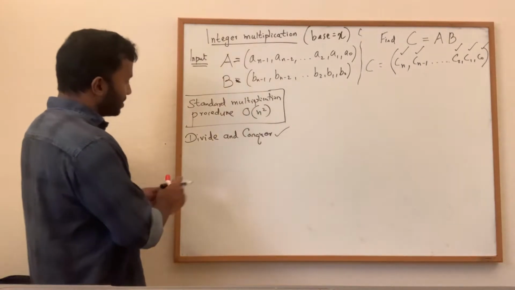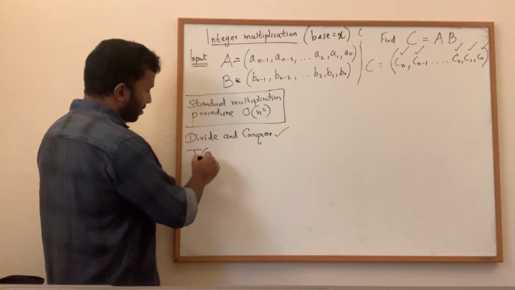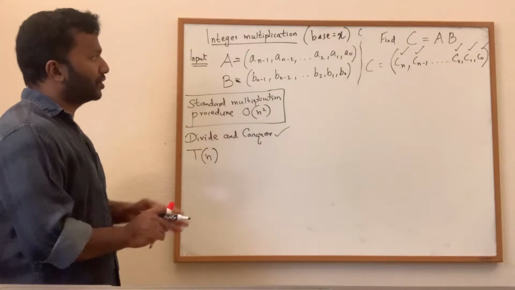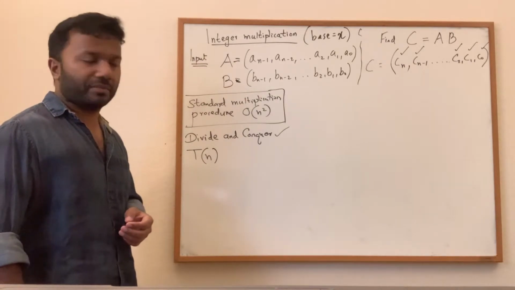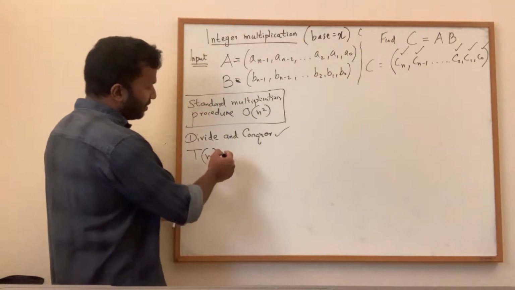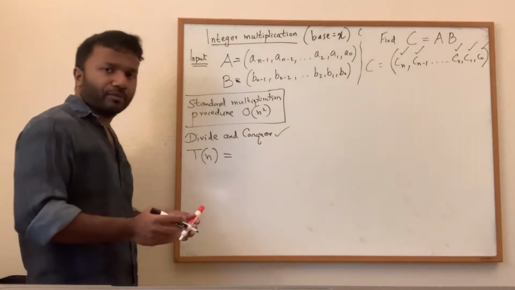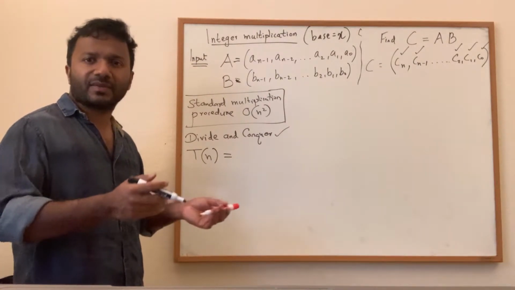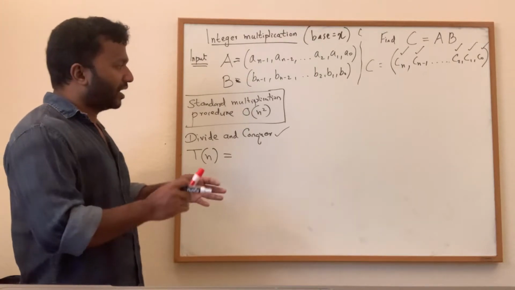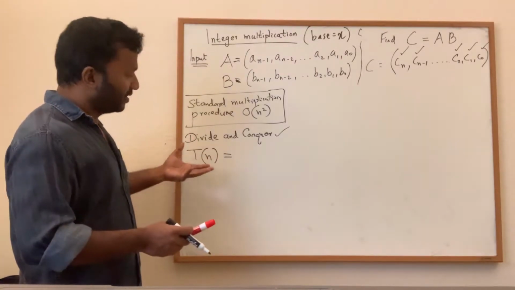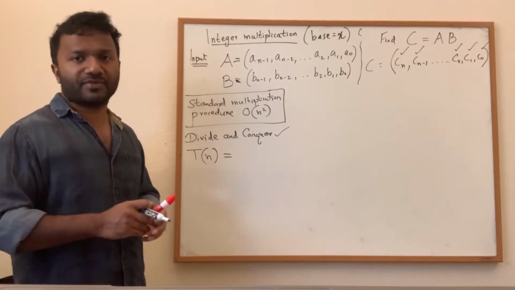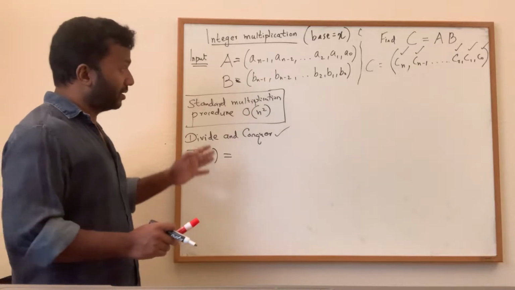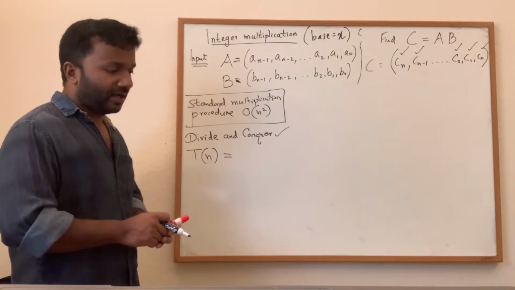Alright, so let me just use T(n). T(n) is the time for multiplying two n-digit numbers. My objective is to divide this problem into sub-problems. After spending some small amount of time, I want to divide this problem into sub-problems, where each of those sub-problems are also integer multiplications.